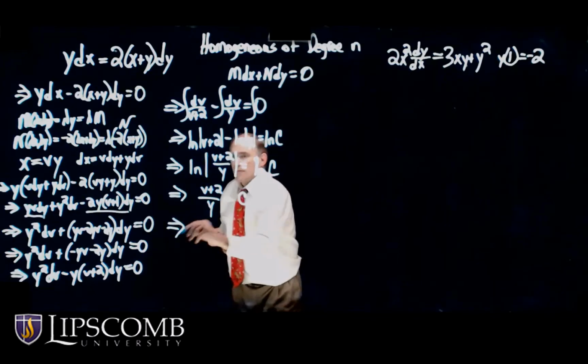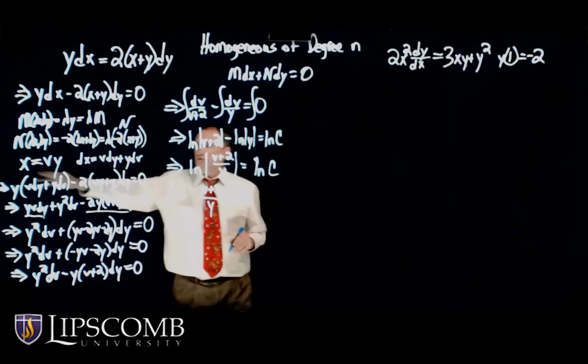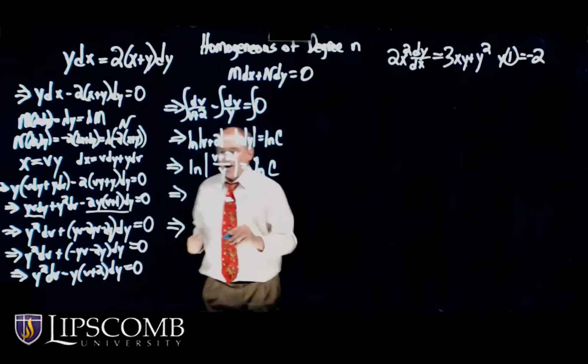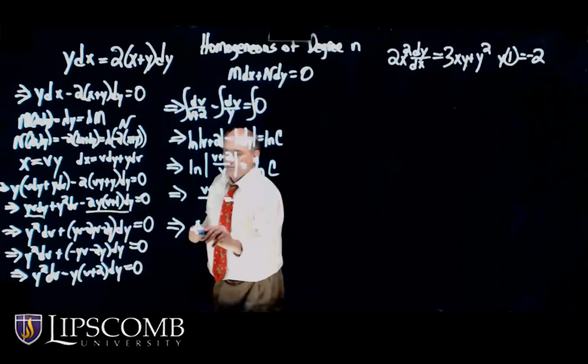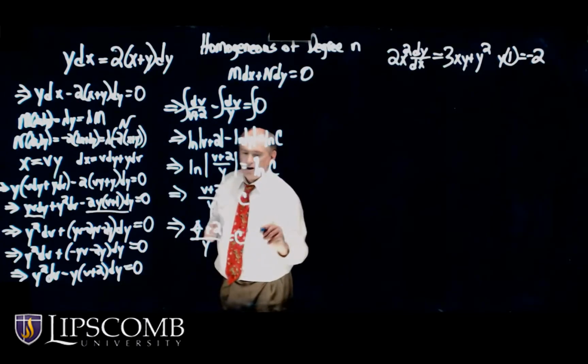So I'm going to replace. I go up here to where I did my substitution. X equals v times y. So v equals x over y, plus 2 over y equals C.